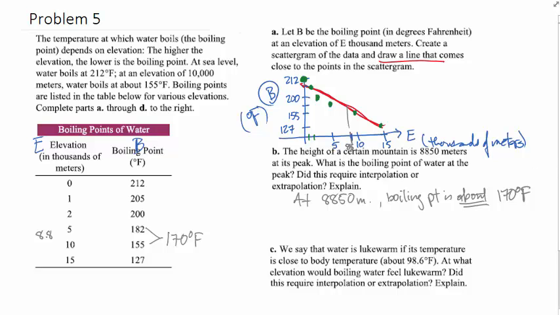Next question is, did this require interpolation or extrapolation? Since this is within the data set that we have, this is going to be interpolation. Interpolation is to make your guess within the data set, and extrapolation is to make your guess outside of the data set.